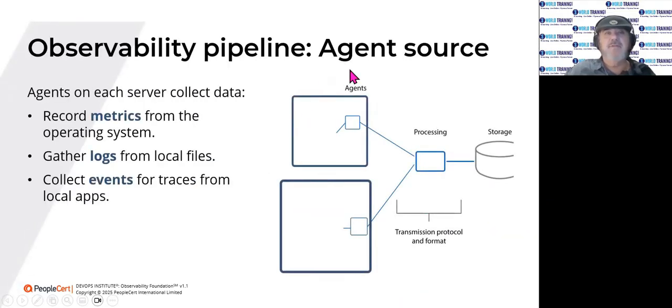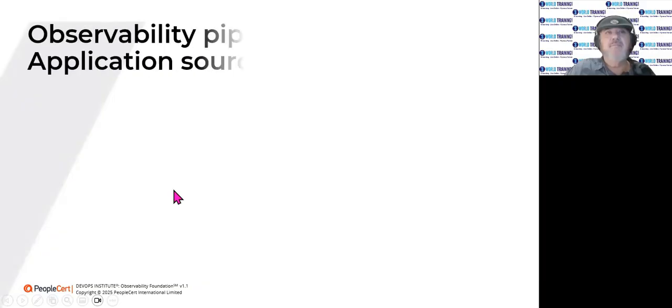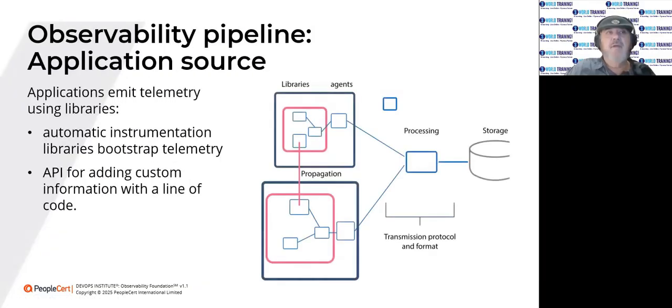The agent sources are, again, the applications and agents. The agents tend to reside on each server together with the application to record metrics from the operating system or whatever the application is as well, gather logs from the local files, and collect events and traces from the local applications. The application source itself could emit telemetry using different libraries.